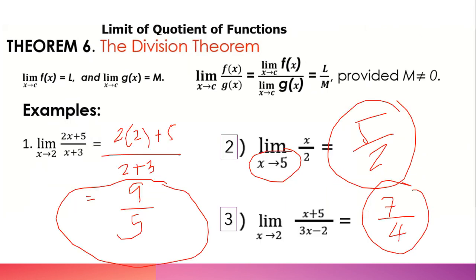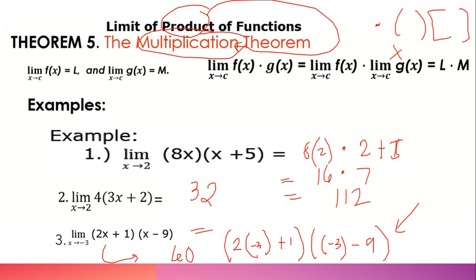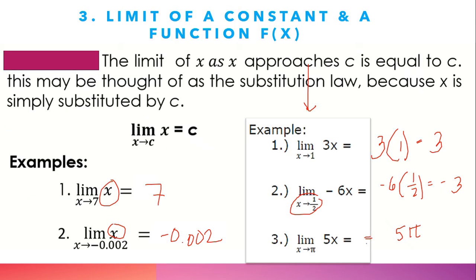Division naman, most of the time, gumagamit siya ng bar. Ibig sabihin, fraction, rational siya, automatic po na division theorem siya. O, di ba, madali lang i-identify yung pagkakaiba-iba ng mga theorem. Basta i-master nyo lang, mag-practice kayo or tandaan yung mga pattern na nandoon. From the word itself, kasi parang maalam mo na agad kung anong klase siyang theorem.